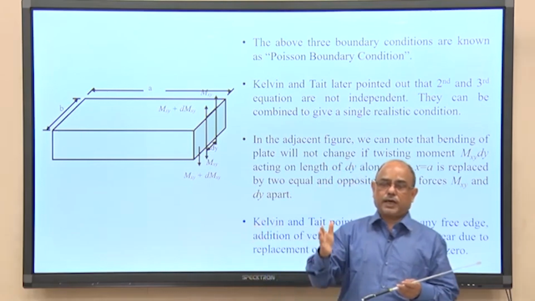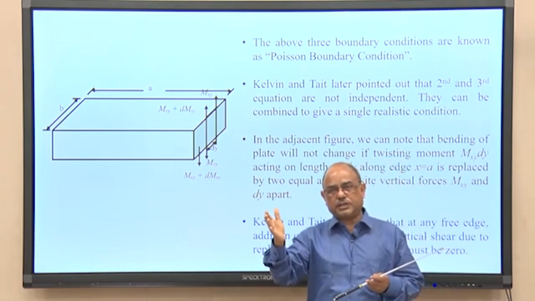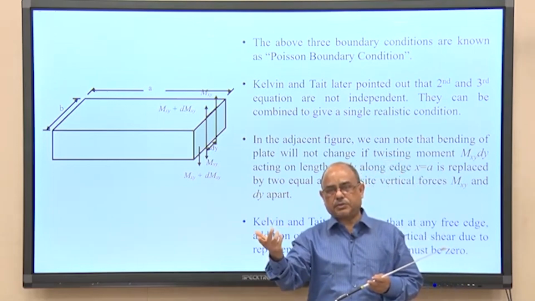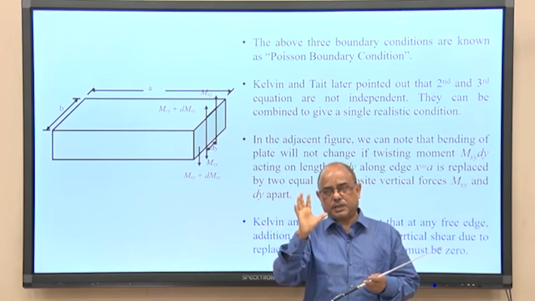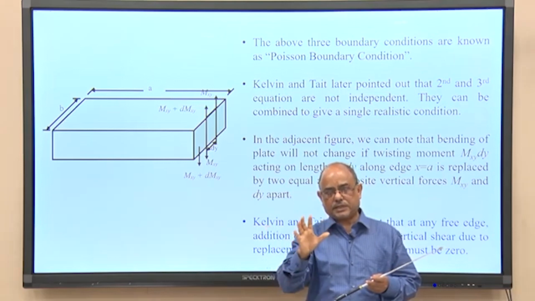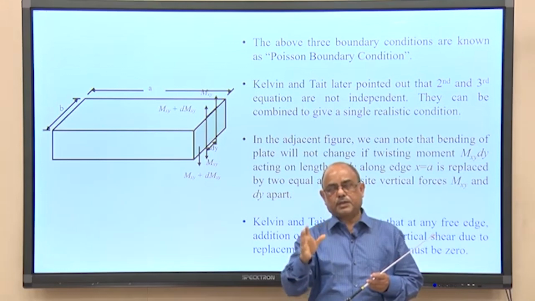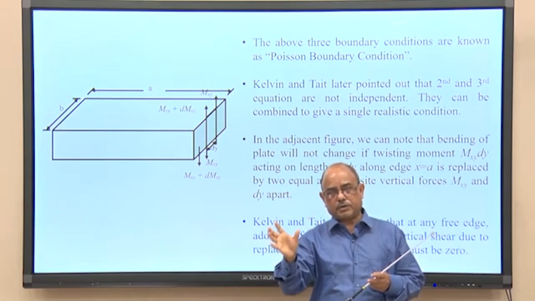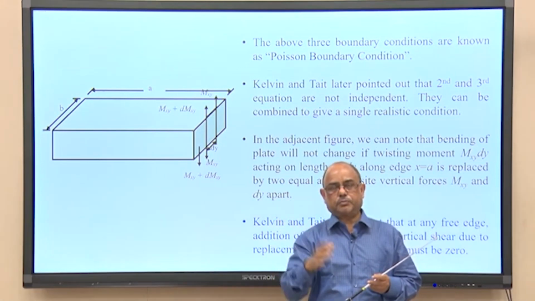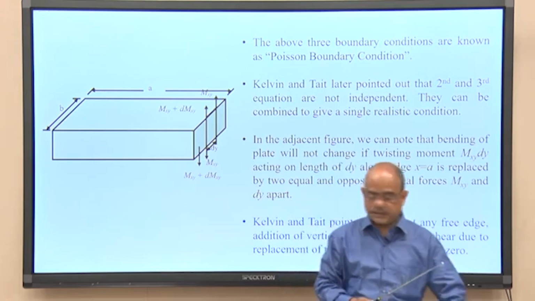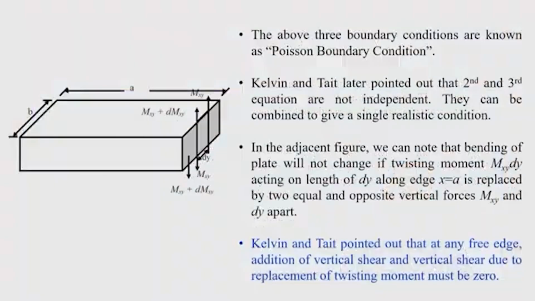At the free edge there is no shear force, so S shear is 0. That means the S shear is to be balanced by the component of shear force acting on this edge, qx, plus the increment of shear force due to twisting moment. So, let us see how this can be found out.